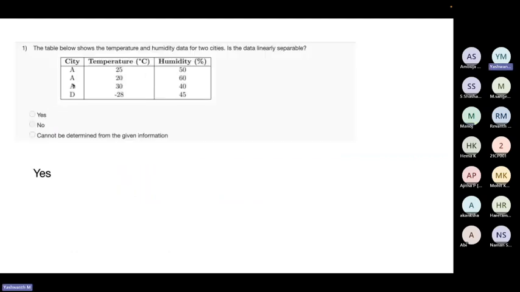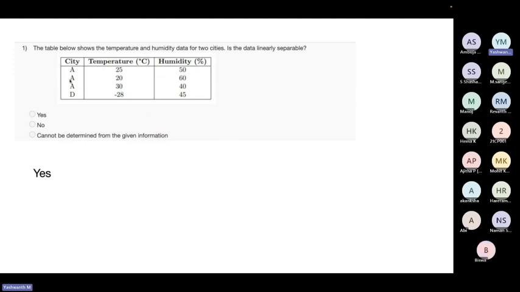Now, this is a simple data set where you have city A associated with temperature and humidity, and city D associated with some other temperature and humidity. Can we split this data with a straight line or a hyperplane? It is very easy to see.